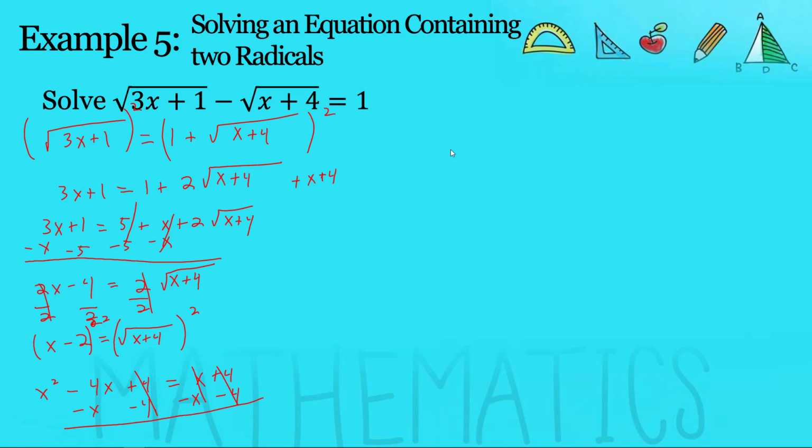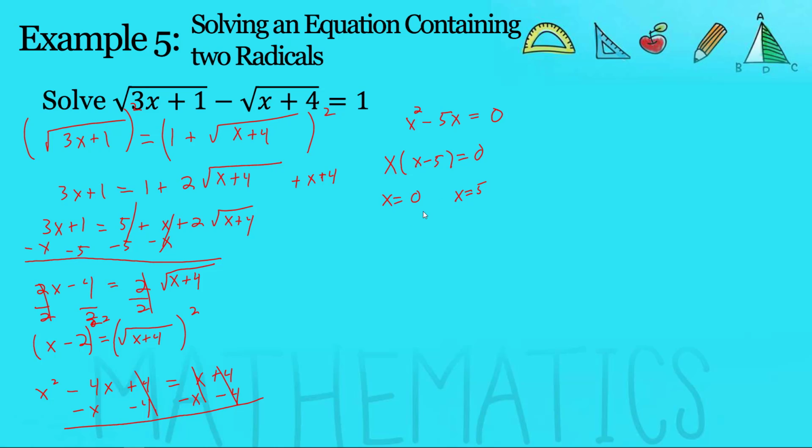Over here I have x squared, I'm going to write it up here, minus 5x is equal to 0. I forgot the square. There it is. Now, notice I have a common factor of x in here. I can factor that out. x times x minus 5 is equal to 0. And then I will have that x is equal to 0. And now my other solution will be that x is equal to 5.